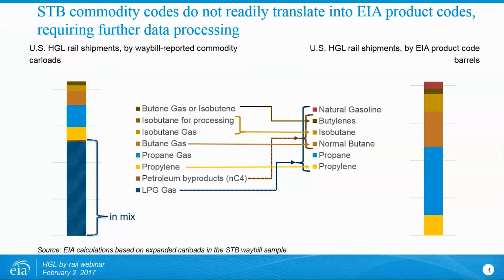It can also be this petroleum byproducts, which is some kind of a mix of butane, butylene, isobutane. So we needed a method to refine this mix into the categories that you see on the right. And what you see is a representative split of the propylene, the propane, normal butane, isobutane, and the butylenes and natural gasoline, which we will not report, primarily because, as I had mentioned before, the data is simply of insufficient quality for us to feel confident in the numbers we're reporting.